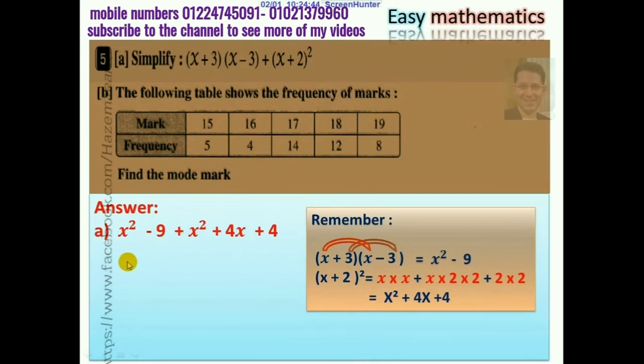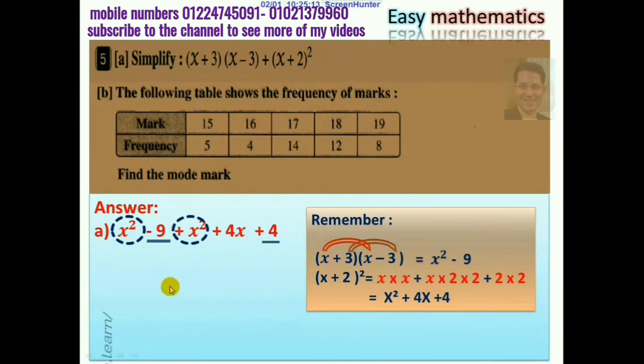And by doing the previous steps, we search here about the like terms and make the same sign above each one. We have here x power 2 and x power 2, both of them are like algebraic terms. We have here absolute term negative 9 like with positive 4, so we can put the same sign under both of them. And 4x here is different, so we keep it as it is.